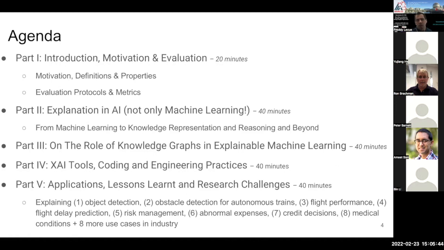So natural language processing, but also knowledge representation and reasoning, AI planning and scheduling. When you submit papers, there are those different buckets of AI, and explanation is all over the place. So I just want to step back and show that it is spread over the different fields of AI. Then I'll go into more detail on the role of knowledge graph in explainable machine learning.